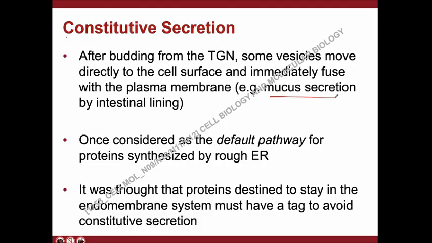Previously, biologists thought that the constitutive secretion was the default pathway for proteins synthesized by your rough endoplasmic reticulum. It was previously thought that proteins destined to stay in the endomembrane system must have a tag to avoid constitutive secretion. But current evidence suggests that some tags may be required for constitutive secretion.